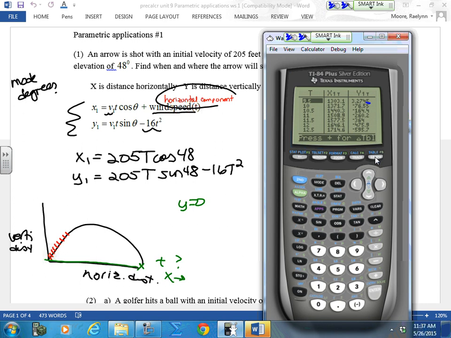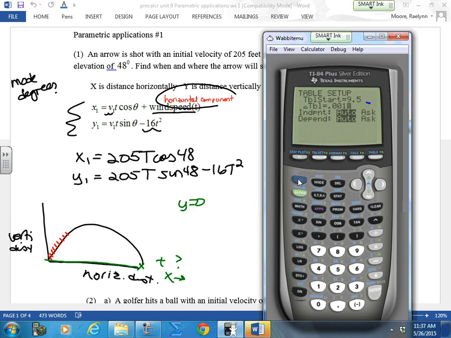That's where it's hitting the ground. I need to get pretty exact in here. So I'm going to set my table starting at 9.5, and I'm going to go 0.001. I need 3 decimal places. Guys, this is really important, so stay with me.